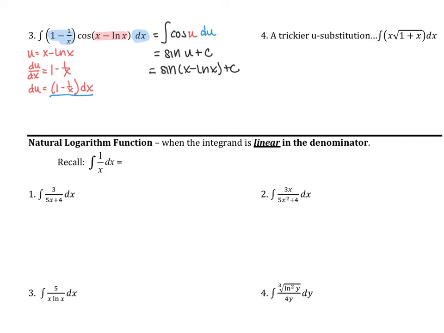Okay, now you'll notice this one's a little bit trickier. I can tell you that the function we are going to let be u is this 1 plus x. So I'm going to let u equal 1 plus x. Taking the derivative of both sides, we get du dx equals 1, which means du equals dx.